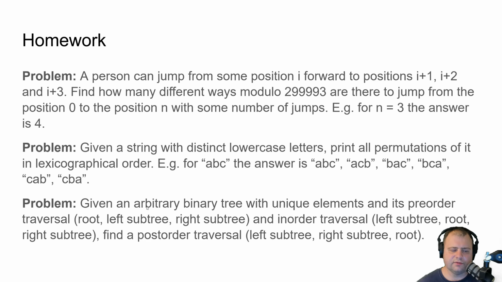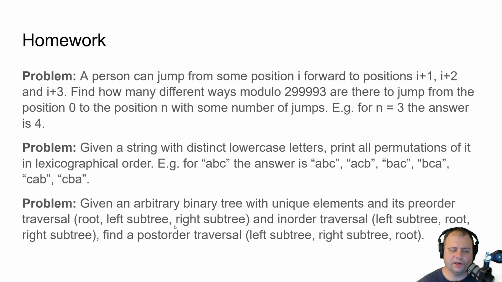So we can have some mapping. This mapping can be from element to where it appears. So then we basically know how many elements are in the left subtree and right subtree by the position of the root.